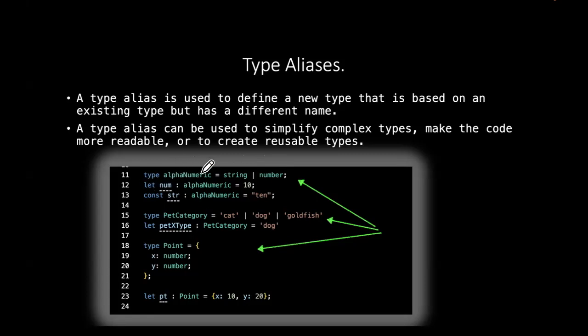Admittedly, alphanumeric is not a very useful type, but I had to come up with something. So num here is of type alphanumeric, and I'm assigning it an actual number. From a type safety point of view, that's okay. I'm defining another variable here, and I'm assigning it a string.